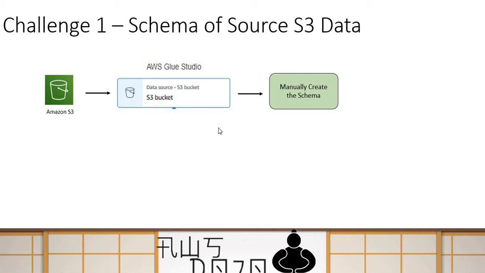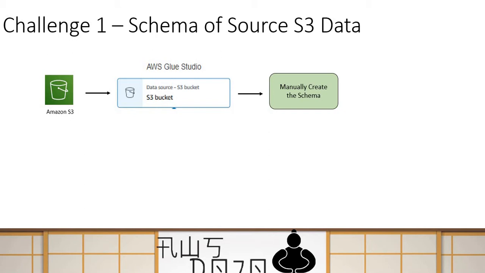So in your Glue Studio, you use your data source node and you read data from the S3 bucket directly. And since you are reading data directly, you were not aware of the schema of the data. So you were manually creating the schema of the data, and then you were using that created schema for your data transformation purposes in the rest of the business logic.